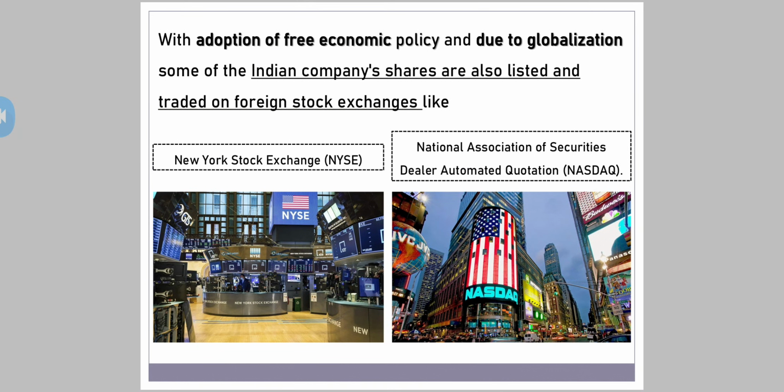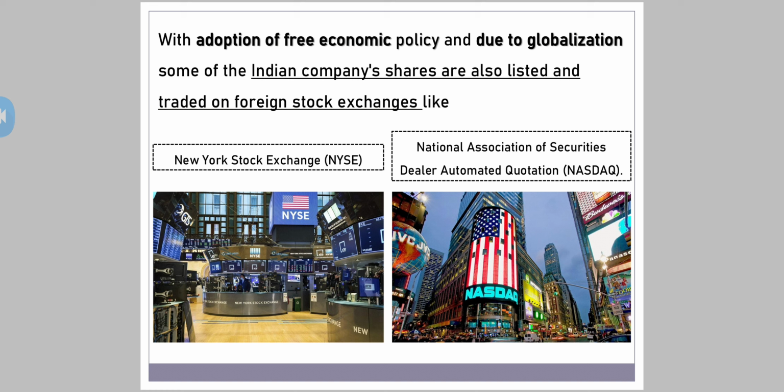Now see, with the adoption of free economic policy, and due to globalization, some of the Indian companies' shares are also listed and traded on foreign stock exchanges.